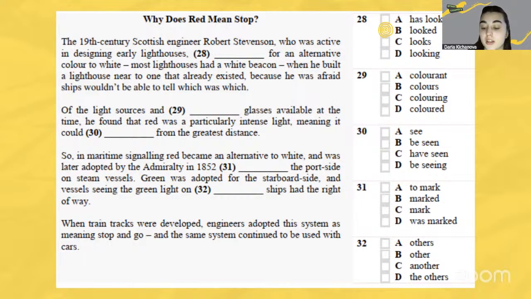Okay, so here I think it's clear that we can't use colors and colorant because there we need to have with you some adjective. But the word coloring is not used in English. So if we want to make an adjective from the word color, we need to have the word colored.